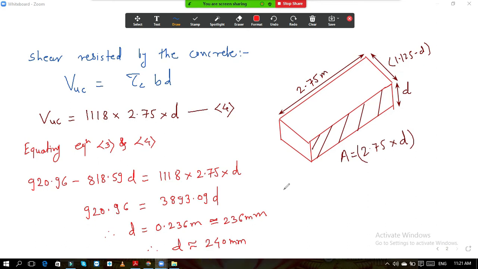Okay, so now we will adopt the maximum depth. So what is the maximum depth now?